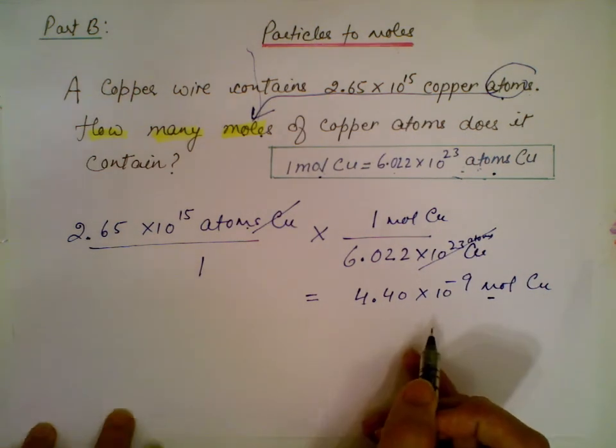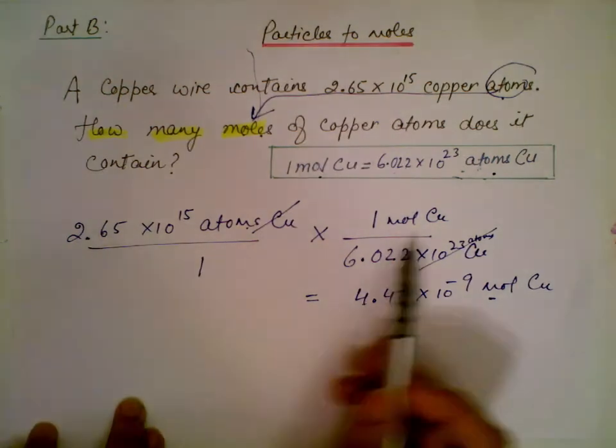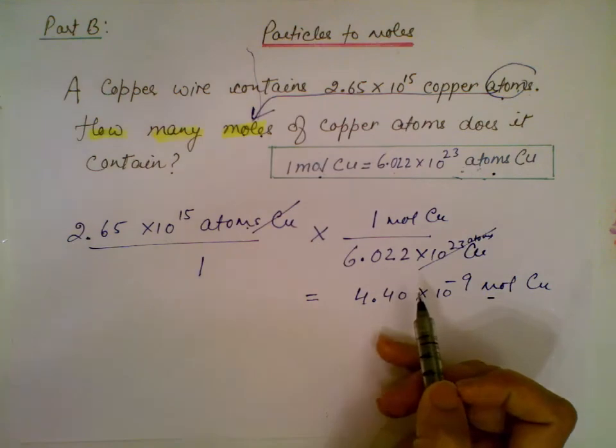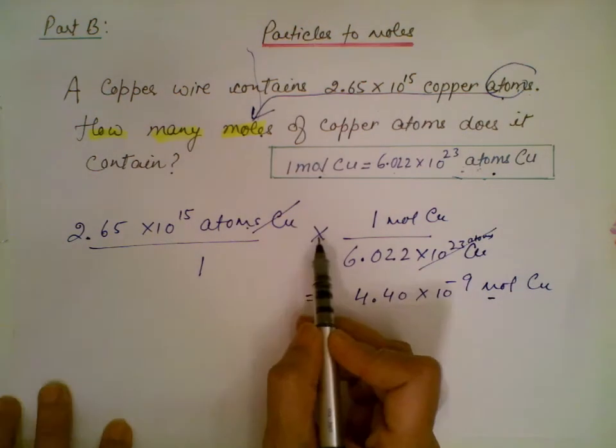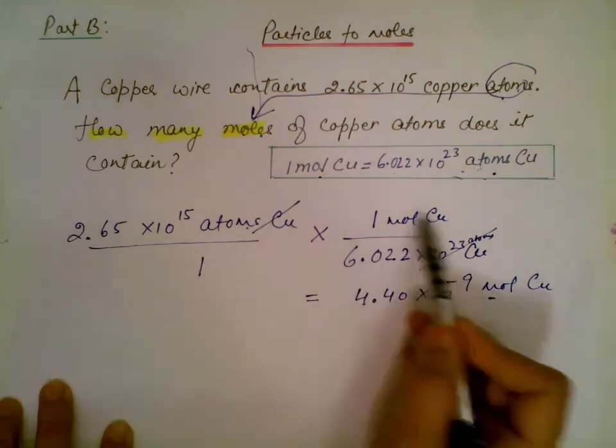So when converting from particles to moles, or you could say atoms to moles, because in this problem it was atoms, we multiply the given atoms by the inverse of Avogadro's number.